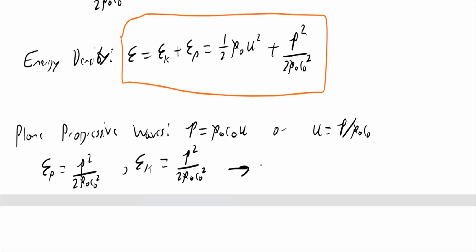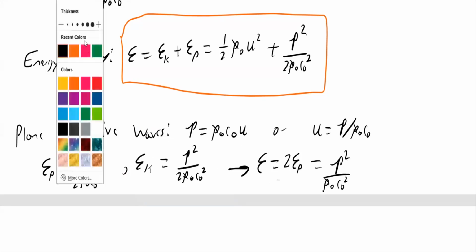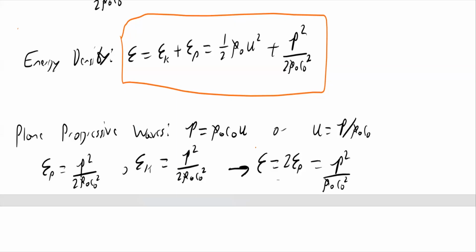Then epsilon is 2 epsilon sub P, so the energy density is twice the potential energy density, which is simply P squared over rho naught c naught squared. So this, once again, is the energy density for a plane progressive wave. So it's a bit simpler.